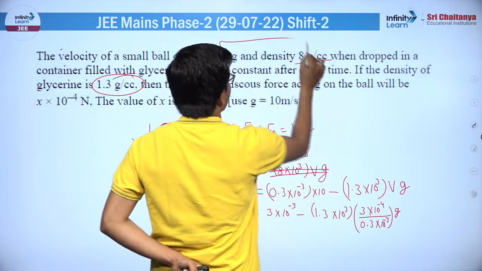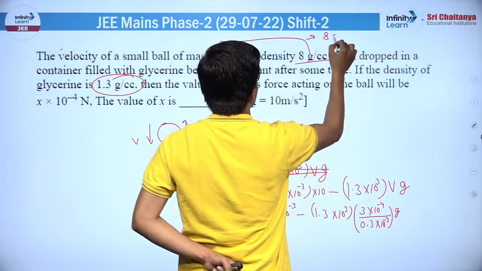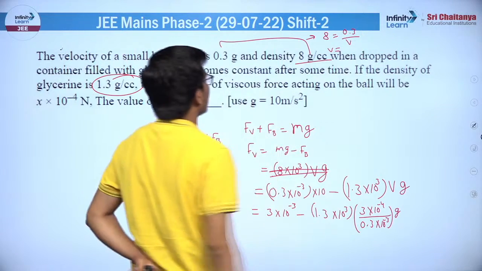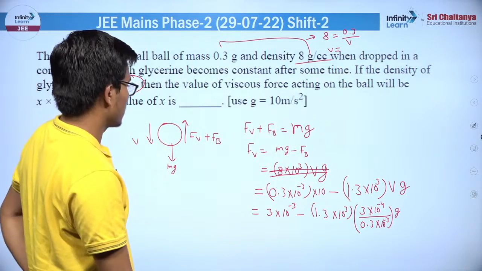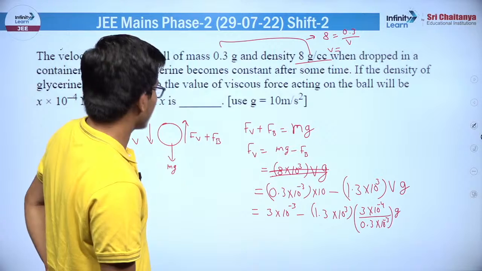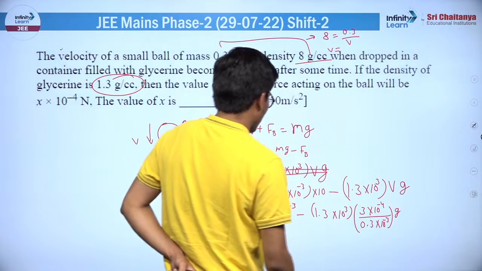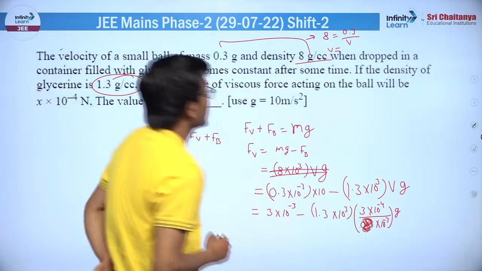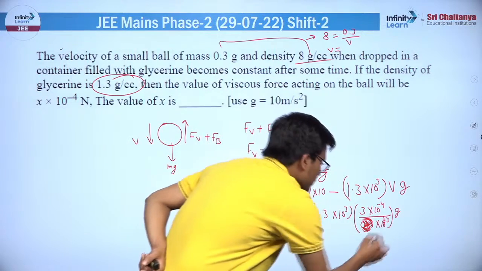From these two relations you can see that 8 is equal to mass upon volume. So from here also you can tell what the mass is, right? The density of the ball is not 1.3, the density of the ball is actually 8, right? So 8 into 10 to the power plus 3 should be there.